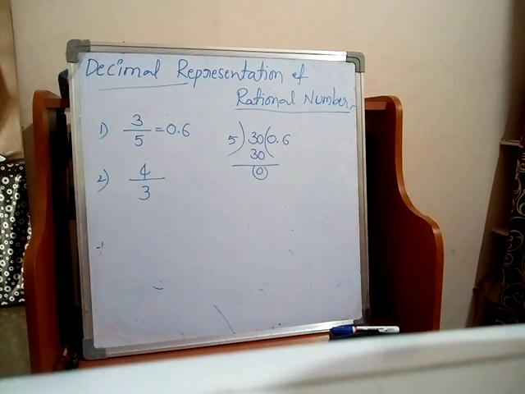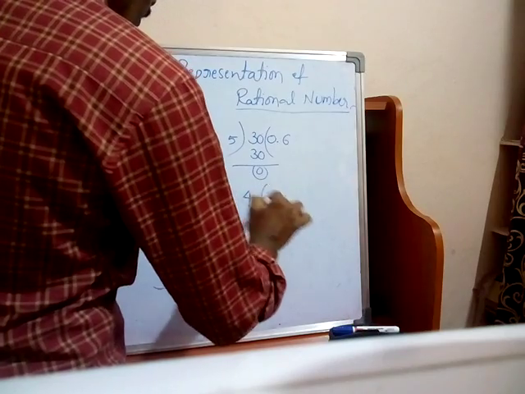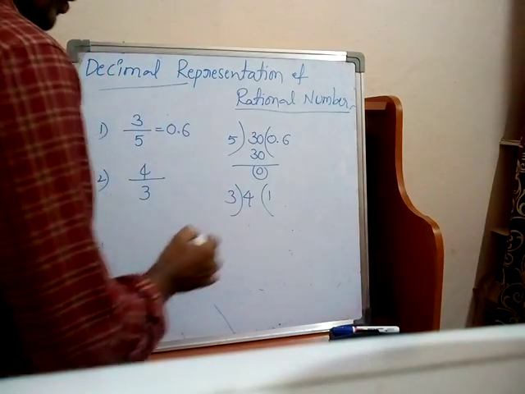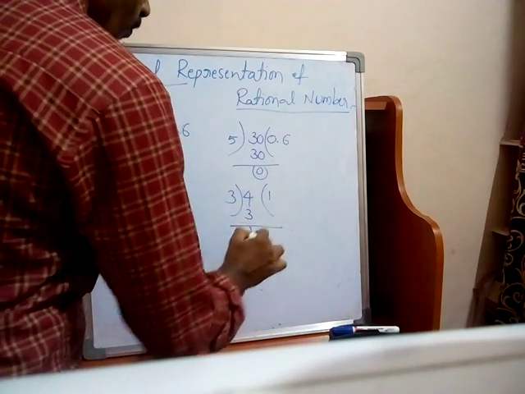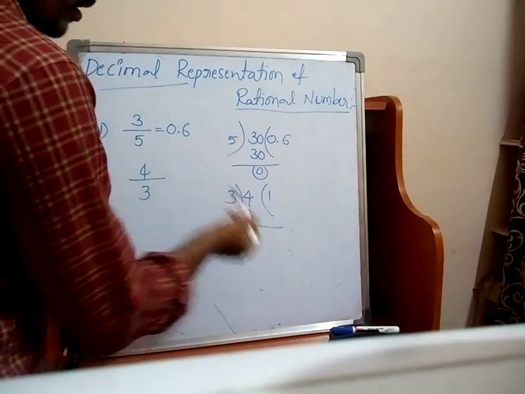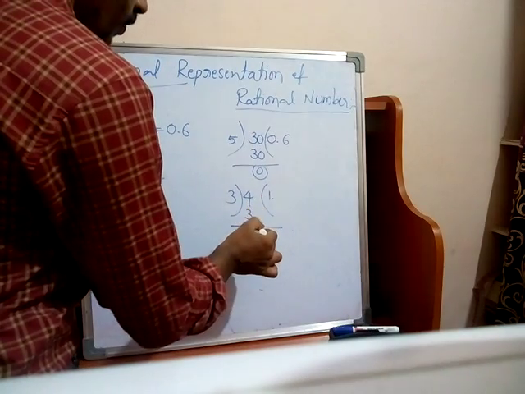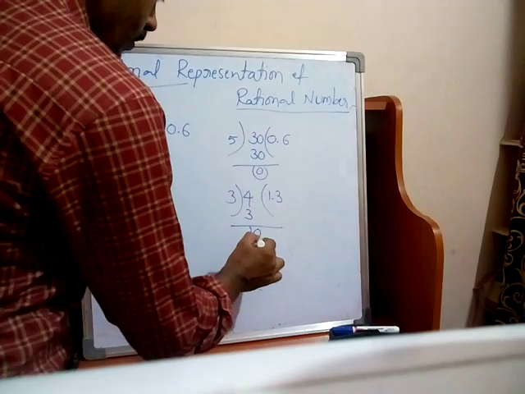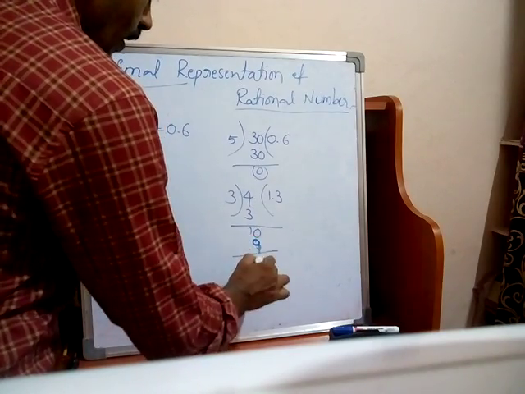The second one, 4 by 3. So 4 is divided by 3. 3 table how many times? 1 time. 3, 1 is left. There is no other number, so take a point and keep 0. 3 threes are 9, again 1 left.